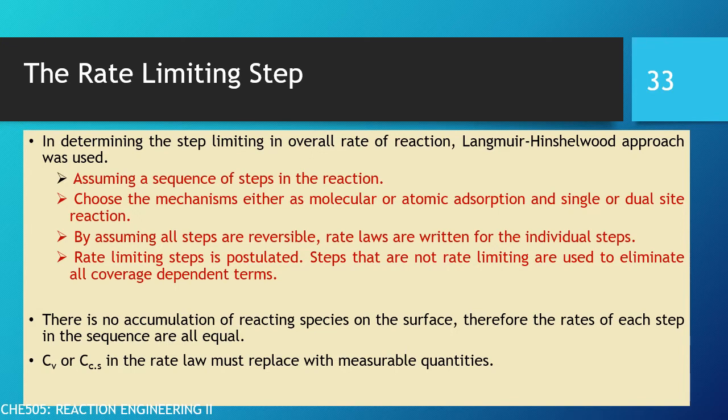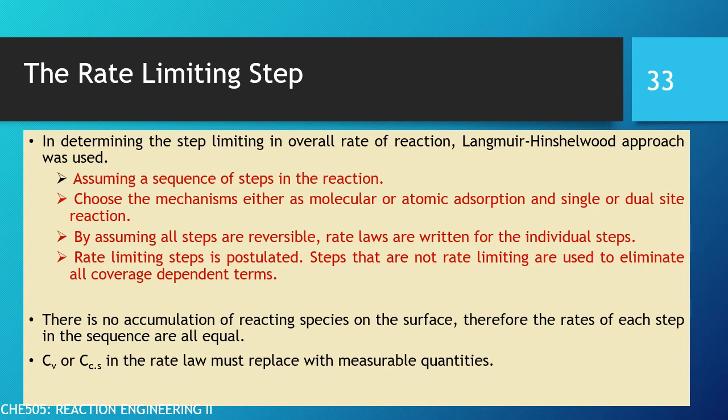First, assume a sequence of steps in the reaction. We need to assume the steps of the reaction for the adsorption step, surface reaction step, and desorption step. Based on these three steps, we will write the mechanism for each step.